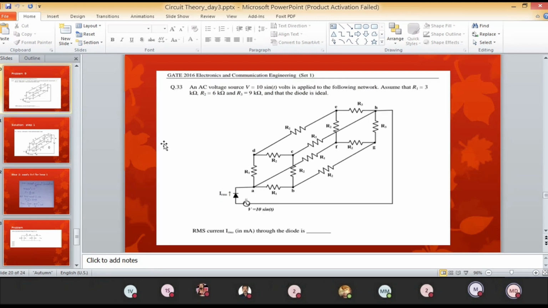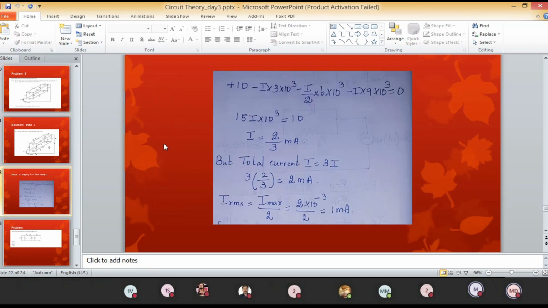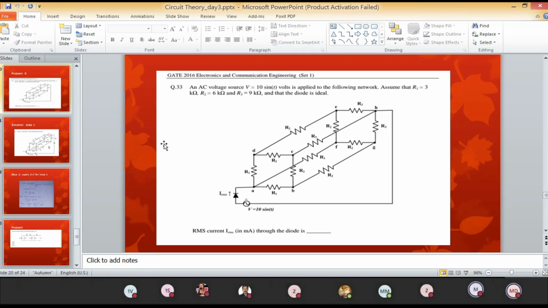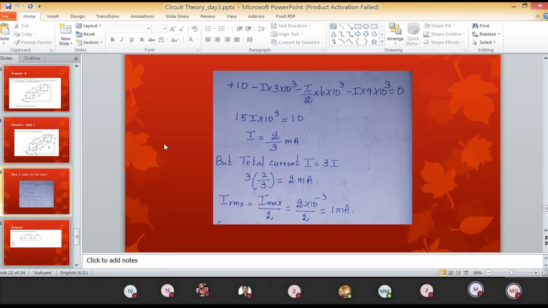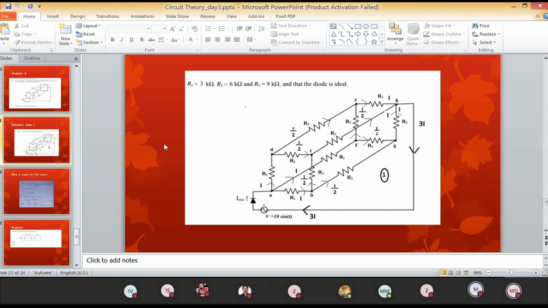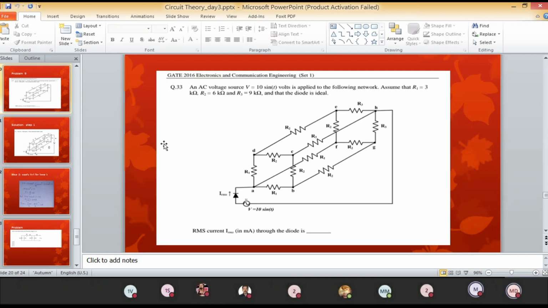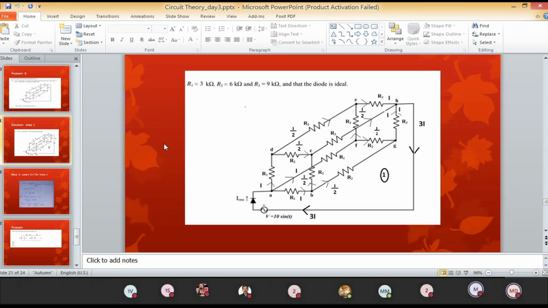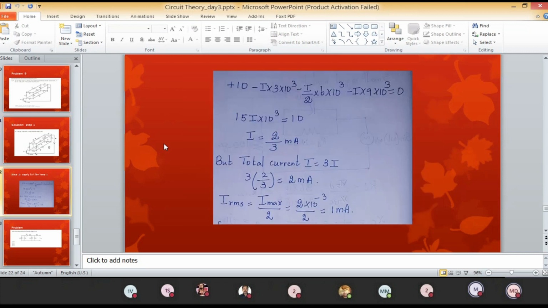Plus 10, minus I into R, so minus current through AB, I into R1, that is 3 into 10 power 3. Then minus current through BJ, minus I by 2 into R2, minus I into 9 into 10 power 3, from G to H. So 15I into 10 power 3 is equal to 10. So I is equal to 10 by 15, that is 2 by 3 milliamps.